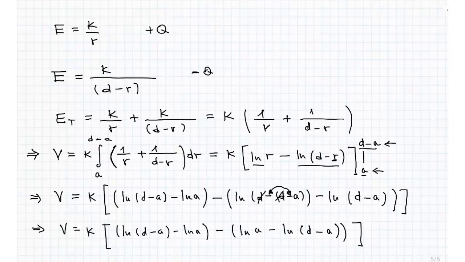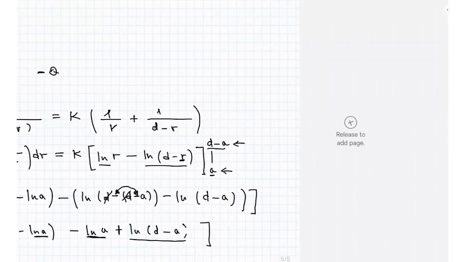When I remove this parenthesis, the first term becomes negative and the second term turns positive. So this adds together with this one, and I will have 2 times this term, and this one adds together with this one, and I will have minus 2 times this term.